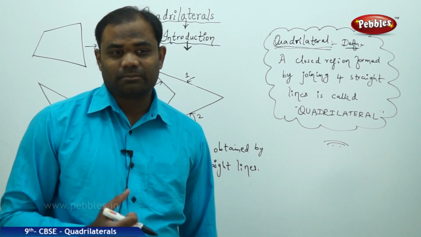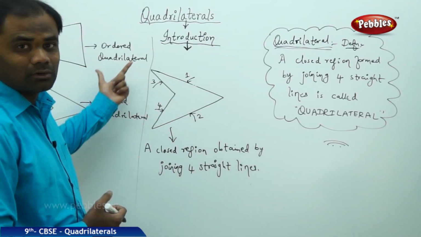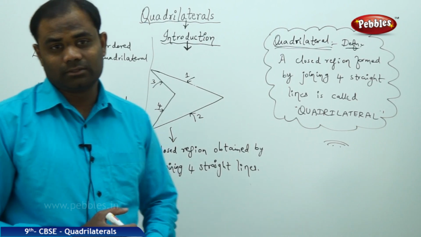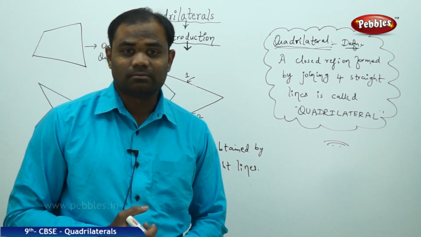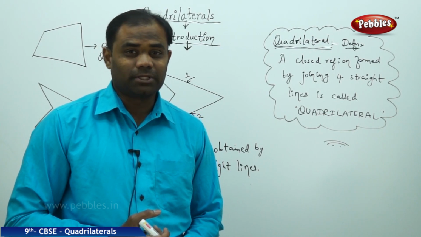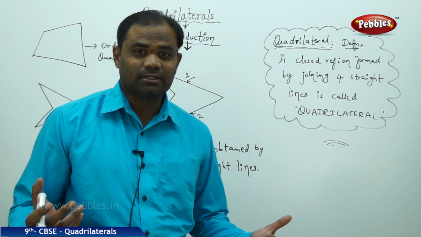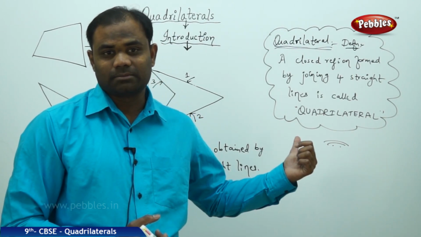Quadrilaterals are of two types: regular and irregular, ordered and unordered. But a quadrilateral is a closed region formed by joining four straight lines. Any closed region obtained by joining four straight lines is called a quadrilateral; that is how we understand the concept.